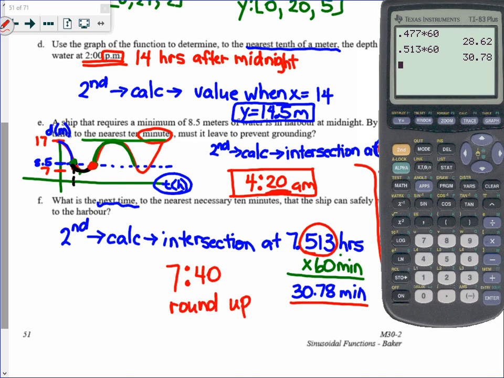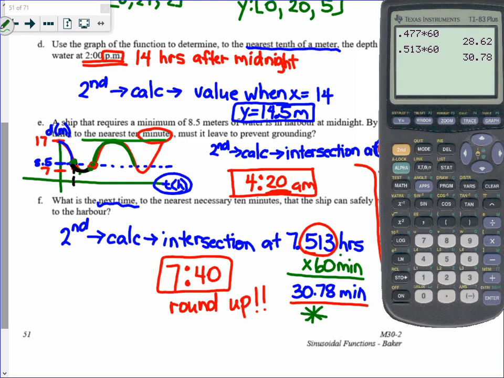Okay, these questions can be a little bit tricky because you really have to take the context into account when you're trying to figure out, would I round it up or would I round it down? It doesn't necessarily follow regular rounding rules, right? And when we're rounding to the nearest 10 minutes, it's a little different, right? This one would normally round to 7:30 to the nearest 10 minutes, right? 30 minutes. But at 7:30, we're here.